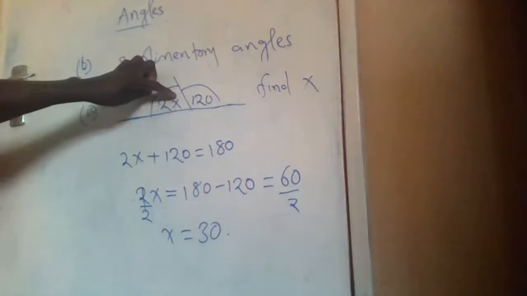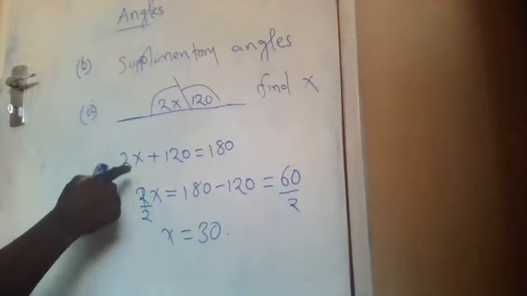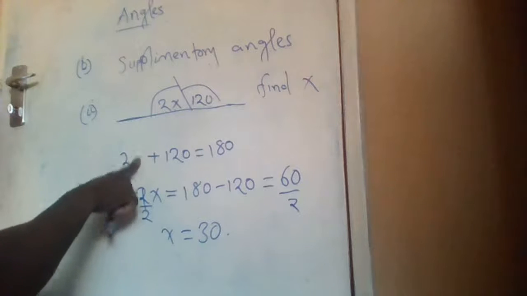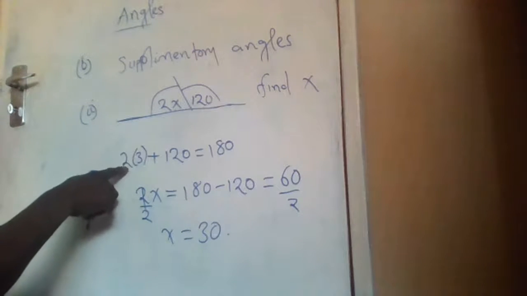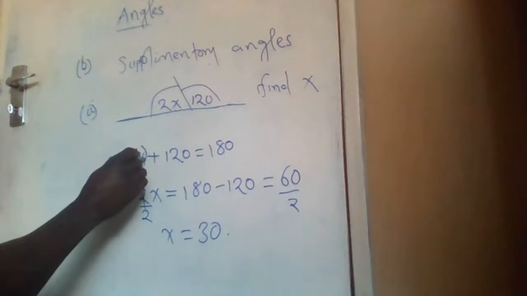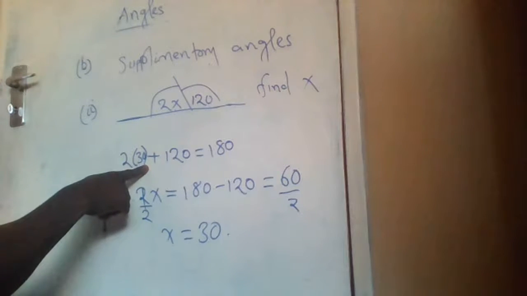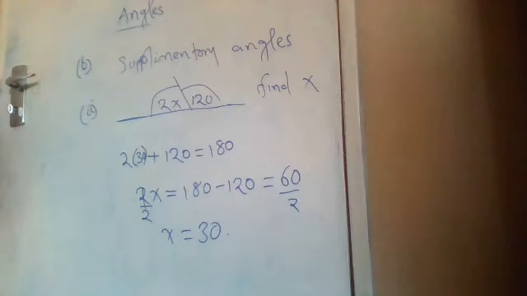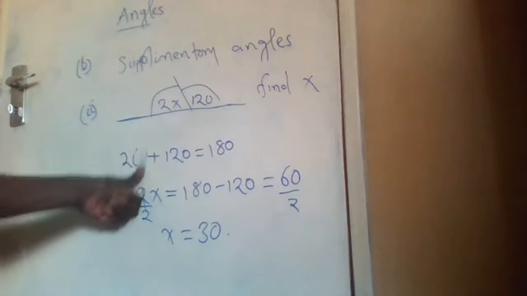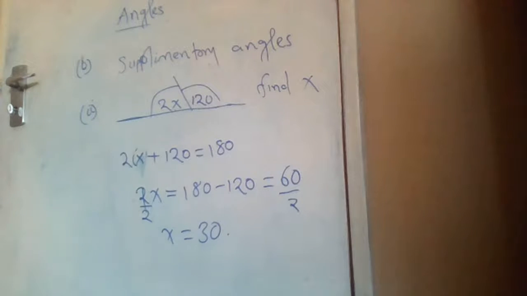So I'm going to say 2x. Where there is x, we're going to put 30. So 2 times 30 will give us 60. 60 plus 120 gives us 180. Therefore, the value of x is equal to 30.